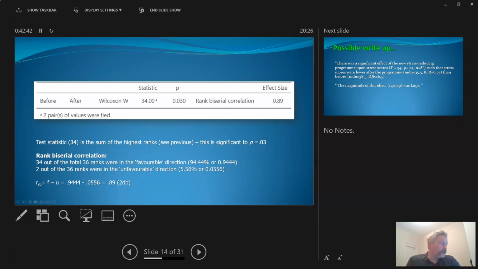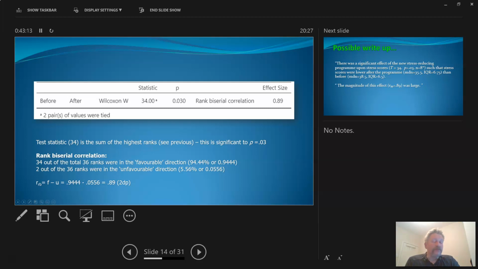And so what we can do is just divide that. 34 divided by 36 gives us 0.944. Equally, we divide the 2 out of the 36 ranks that were unfavourable, so stress levels got higher after the intervention, and that gives us 0.0556. So all we do is subtract one from the other, and that gives us the ballpark figure of 0.89.